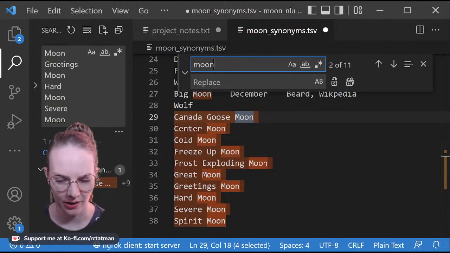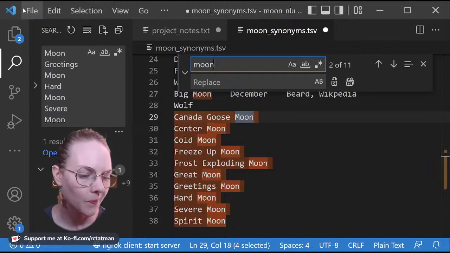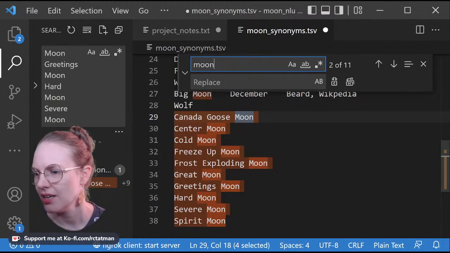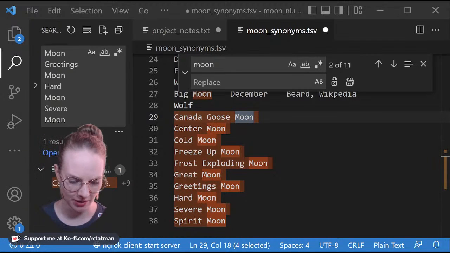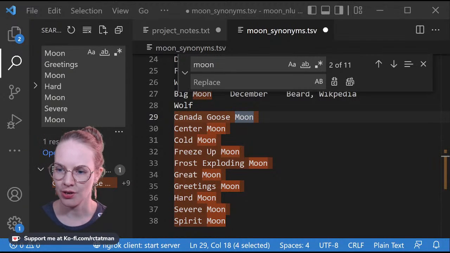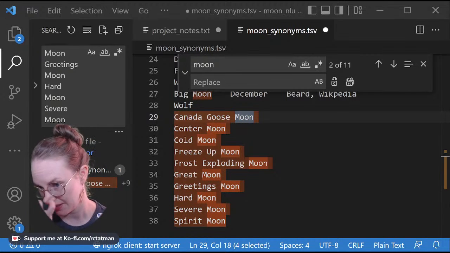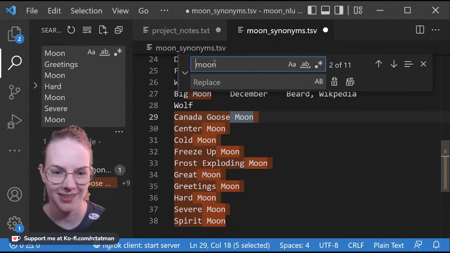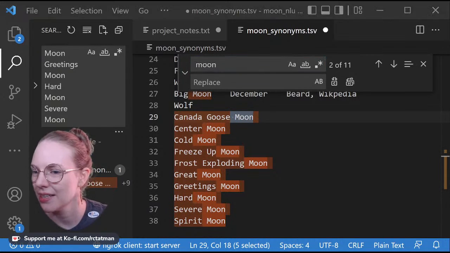If any of you are big into VS Code and can give me hints on how to replace just in selection. Actually, you know what? This is worth looking up. This is going to save me some time. VS Code, replace all in selection. Oh, also, I also want to remove the trailing space.